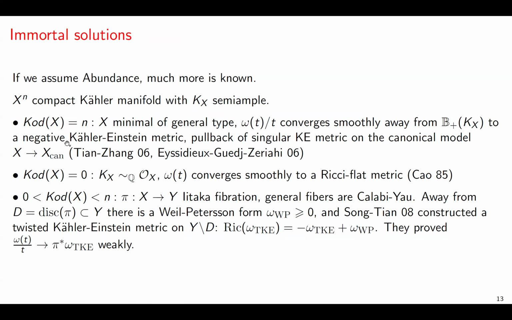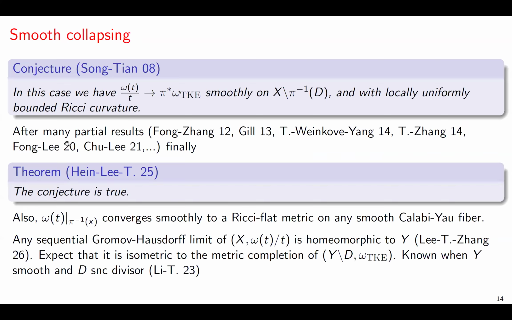So you see, this expectation is precisely coming from what you have here. And there was a conjecture of Song-Tian that the convergence should be much better than weak convergence. It should be smooth, again, away from the singular fibers. So away from the preimage of the discriminant, you should have smooth convergence and locally bounded Ricci curvature. It's known that you can't have locally bounded Riemann curvature in general.